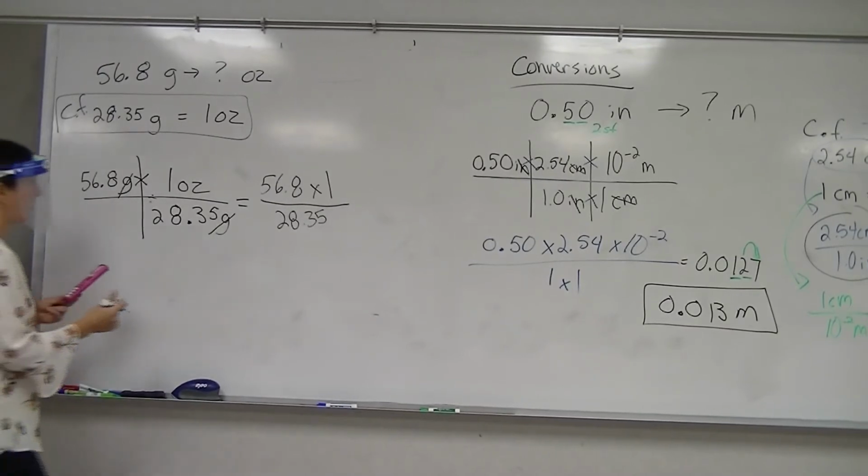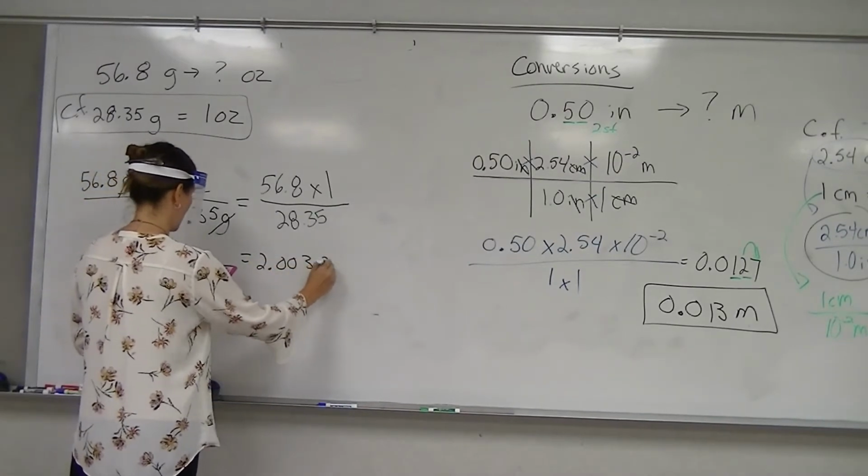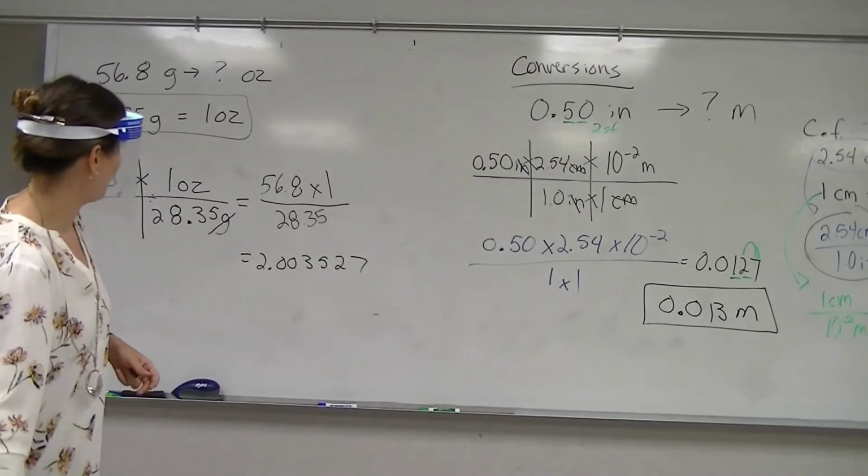All right. And I get a really big number, but that's okay because once I use sig figs, I won't have to write it all. There are more digits than that, but I know I'm not going to need to keep more than that, so I'm going to stop there.